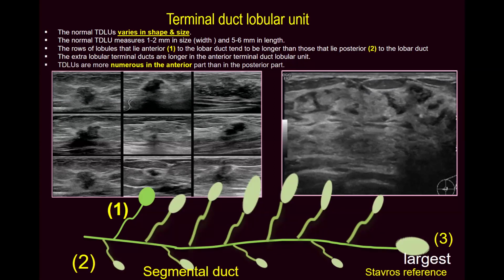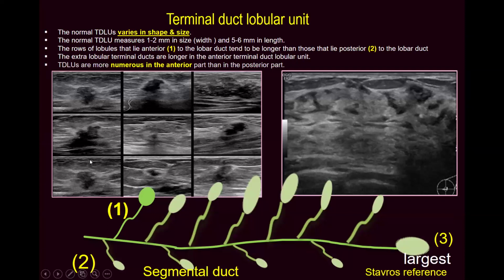In the anterior half, yes. Anteriorly, the TDLUs are large, and as we have mentioned before, the posterior ones are less in number and smaller, and the terminal duct lobular units are shorter compared to the anterior one.